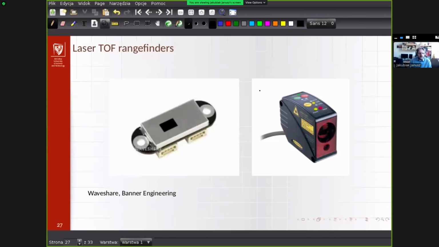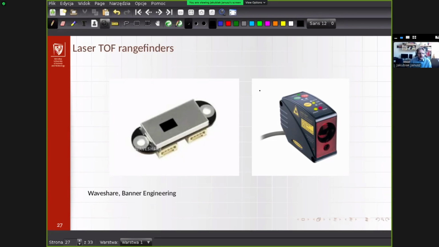Then the next elements to detect the distance are the time of flight rangefinders based on light. It's usually infrared light, not visible for a human, close infrared.